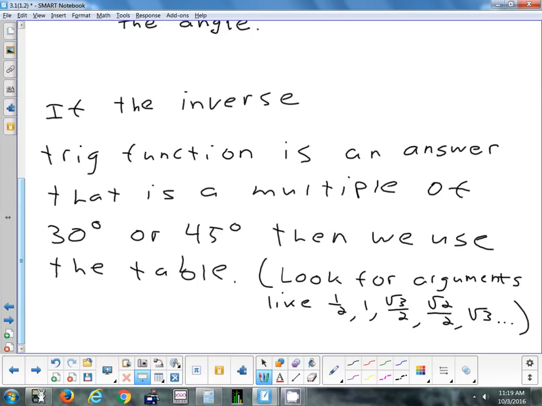Well, the way you can kind of know if it's going to be an answer that's a multiple of 30 or a 45 is look for questions that have these kind of numbers in them. 1/2, negative 1/2, root 3 over 2, root 3, root 2 over 2. Any of the numbers, any of the square roots that you worked with last week. Those are the kinds of numbers you want to look for, and that's a hint to use this table.